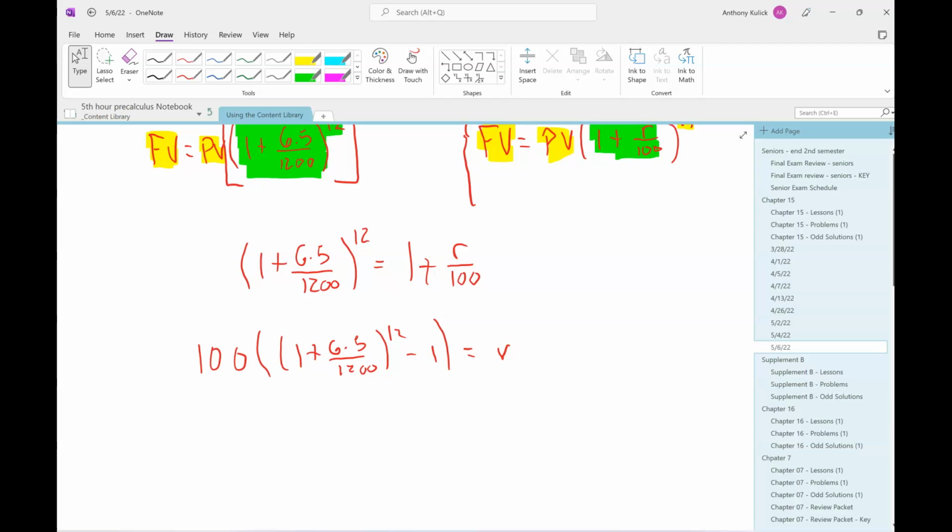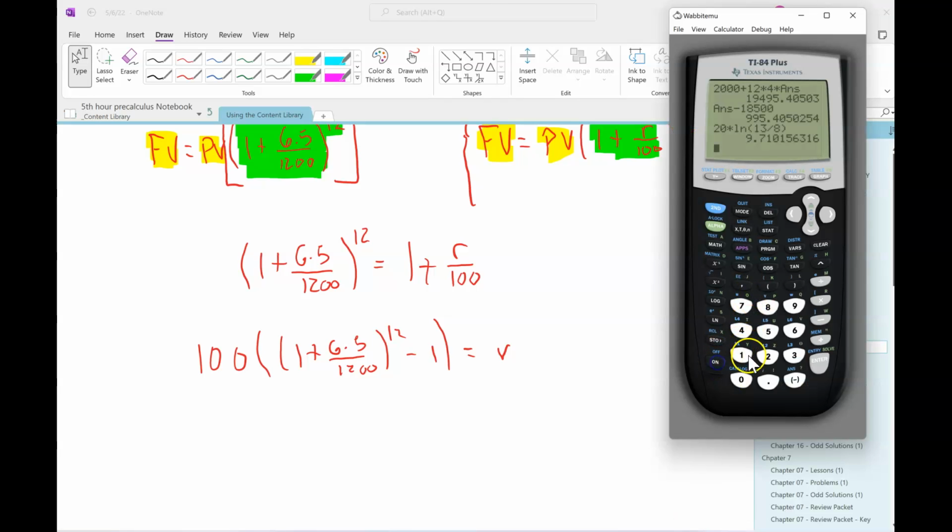And so now it's calculator time. So 100 times (1 plus 6.5 divided by 1200) to the 12th, and then minus 1. And I get about 6.7%.